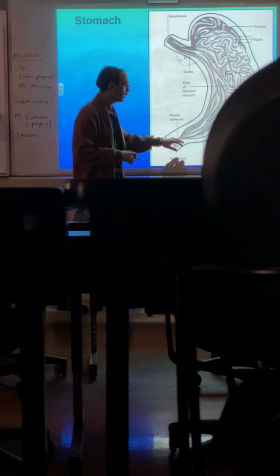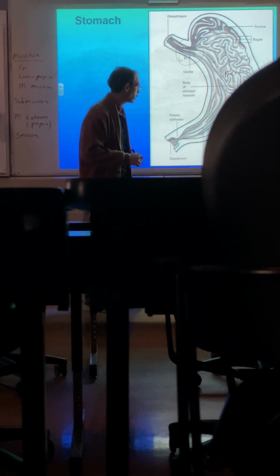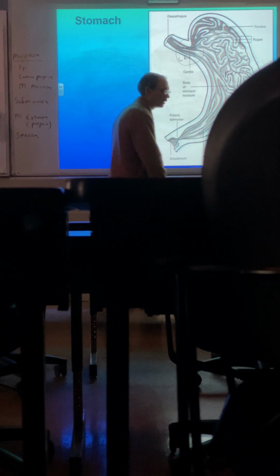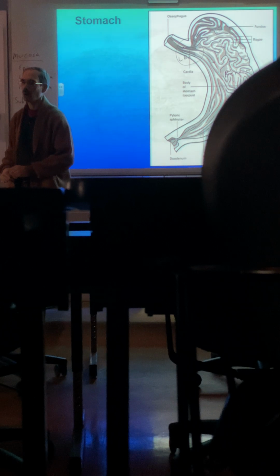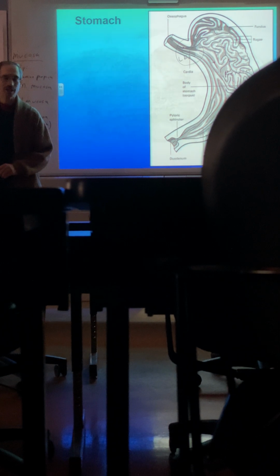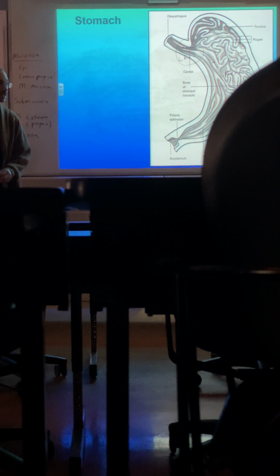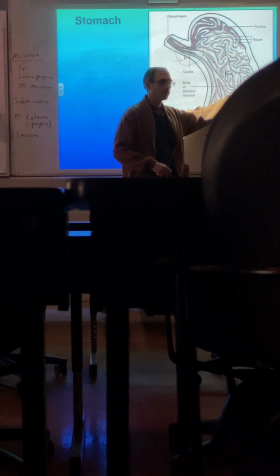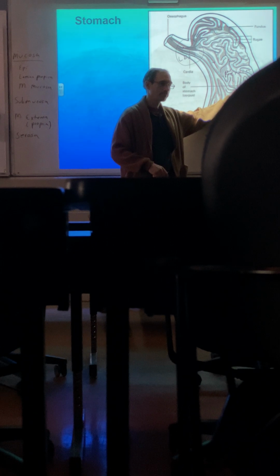Distally, we have the pyloric antrum. The pyloric antrum, you recall, has a lot of endocrine function. Here's where you find the G cells. The cells that produce a hormone called gastrin. Gastrin is one of several hormones that controls acid production of parietal cells in the corpus of the stomach.